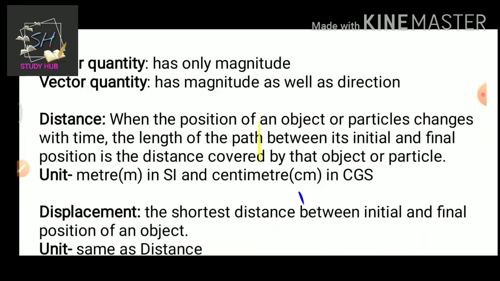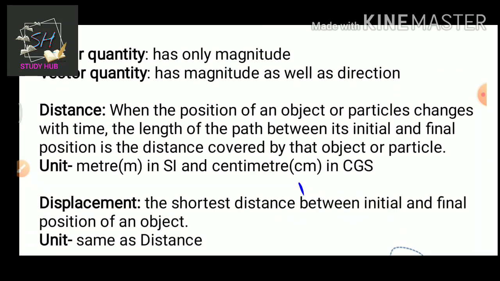Scalar quantity means which has only magnitude. Magnitude is a numerical value. And vector quantity means which has magnitude as well as direction. Now, what is magnitude and what is direction?